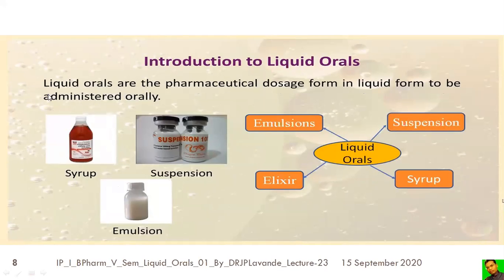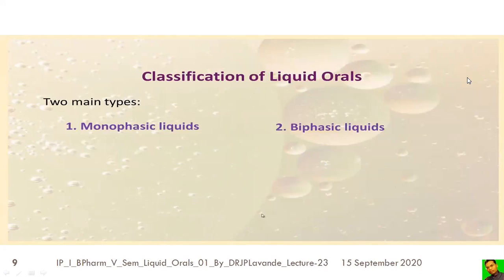So these liquid orals are pharmaceutical dosage forms, right? What is their nature? They are in liquid form and are to be administered by oral route. That's why these are liquids to be taken by oral route. Therefore, all these are the liquid orals.